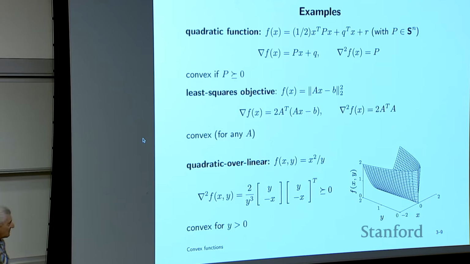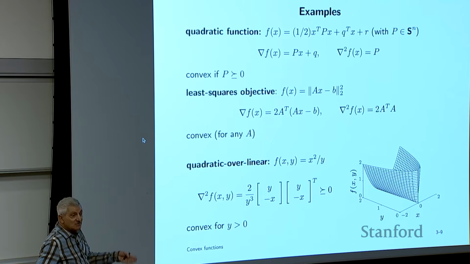And it's not obvious, though there are some obvious things. Here, if I fix y, it's convex in x because it's a positive multiple of x squared. If I fix x, it's convex in y because it's a constant times 1 over y, and it looks like this. So it's convex. But this says much more. This says it's actually jointly convex in x and y.